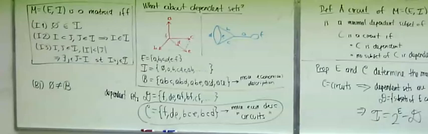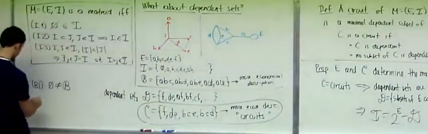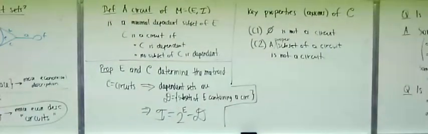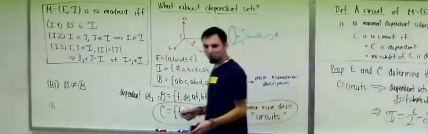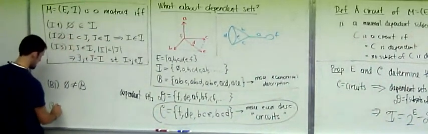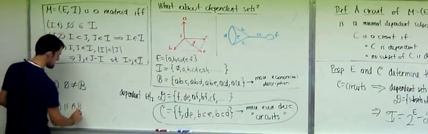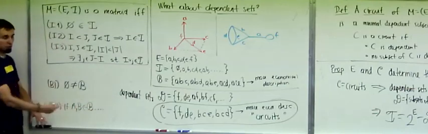What about axiom B2? What happened to axiom B2? I want to show you guys something here, which is that the axiom that I called B2, I would almost want to call it B3. If A and B are bases, blah, blah, blah, it tells me how to build another basis.